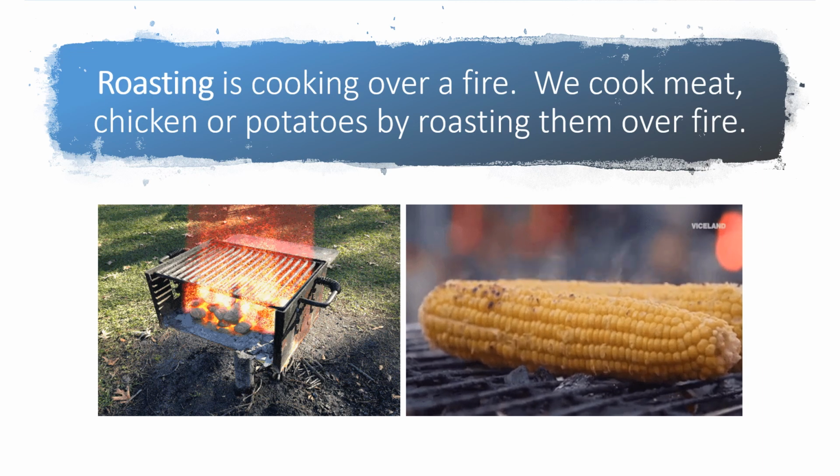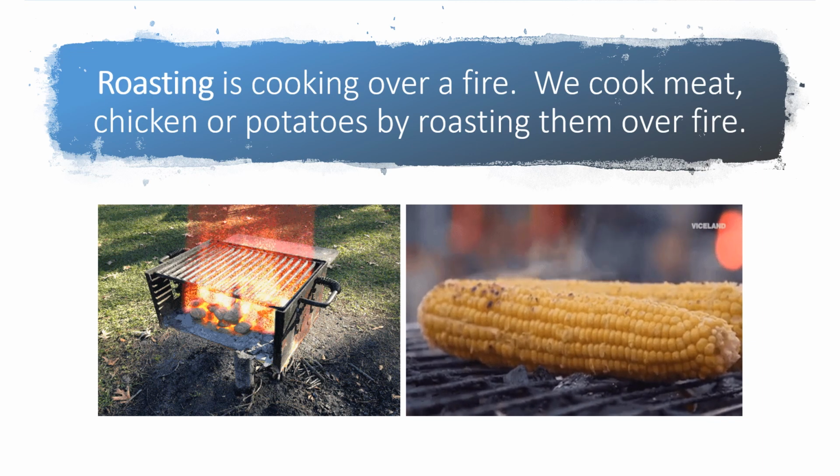Okay, so let us read about roasting. Roasting is cooking over a fire. We cook meat, chicken or potatoes, and as I mentioned, corn also, by roasting them over fire. Let us learn the spellings here, children. R-O-A-S-T-I-N-G, roasting. F-I-R-E, fire.